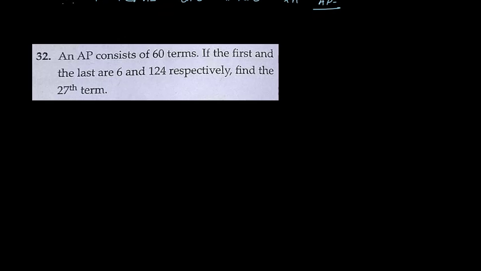Now here the problem is: an AP consists of 60 terms. If the first and last terms are 6 and 124 respectively, find the 27th term. So the first term A is given as 6 and the last term AN is given as 124.